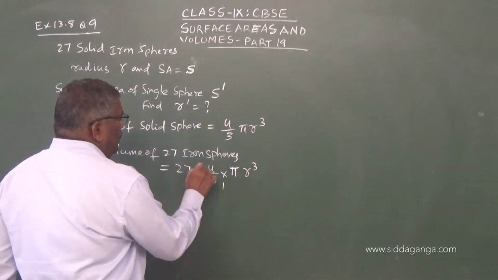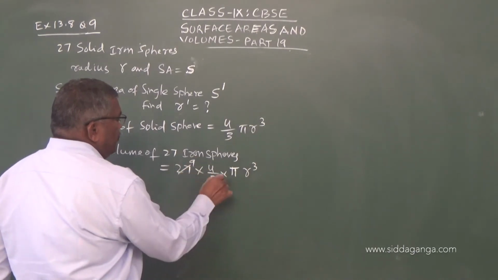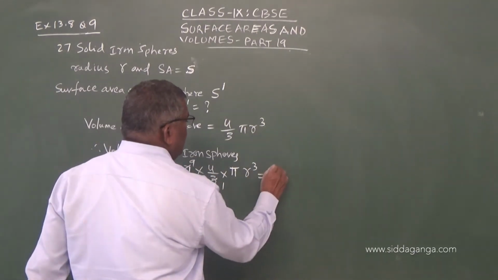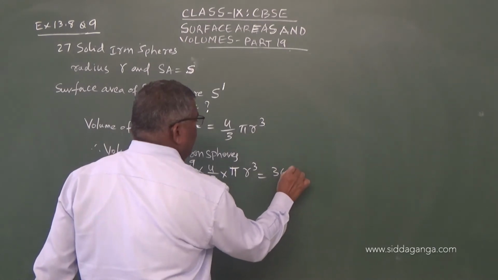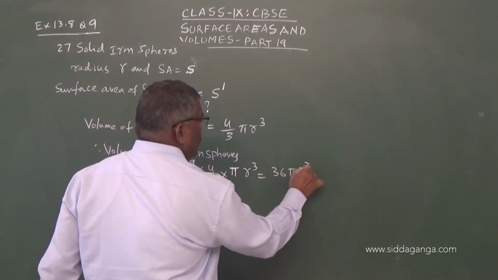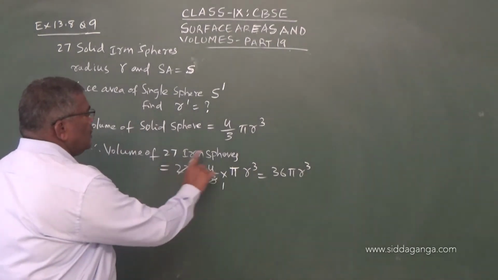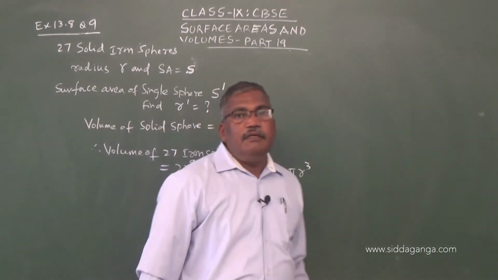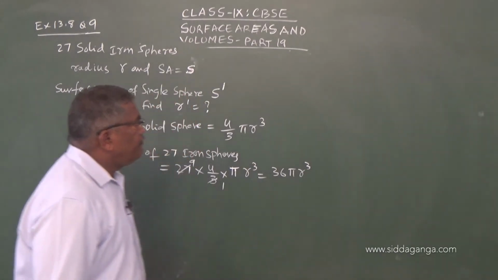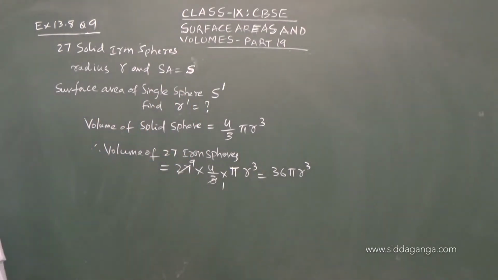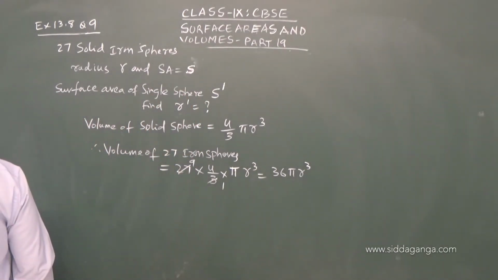So 3 nines are 36, you will get 36 pi R cube. 36 pi R cube is the volume of 27 spheres.